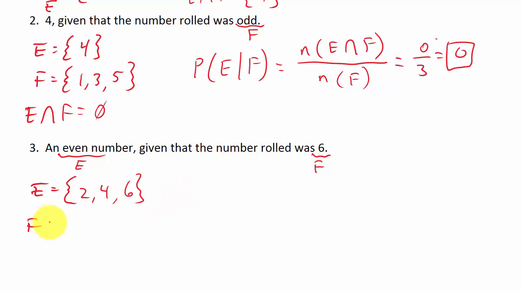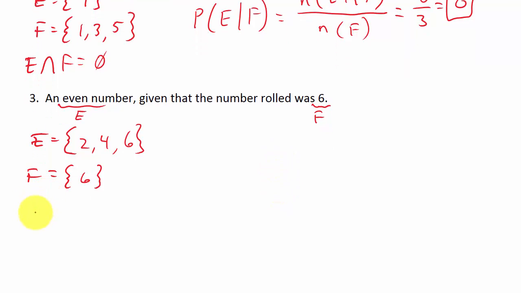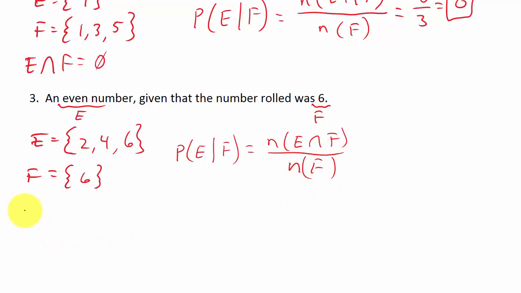F is going to be just the number 6. Okay, and so the probability of E given F is the number in E and F over the number in F. Okay, well, let's get E and F.